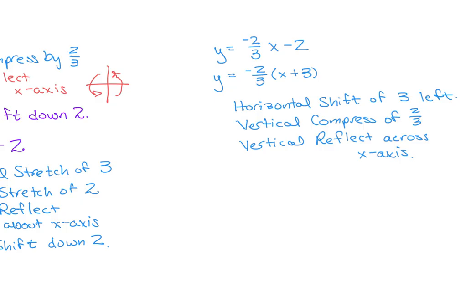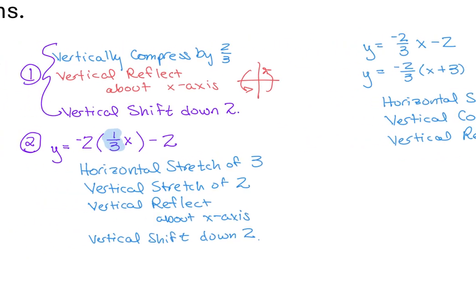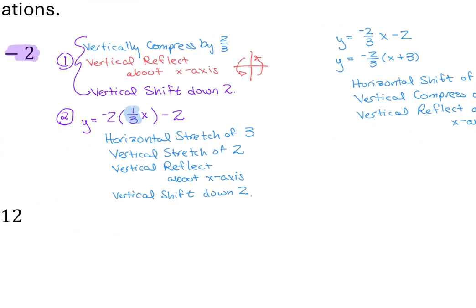Remember, slope is rise over run. In this other example, we have a rise of 2 and a run of 3. We have our vertical reflect, which means one of them is going to be going down. Here I'm having my y go down.